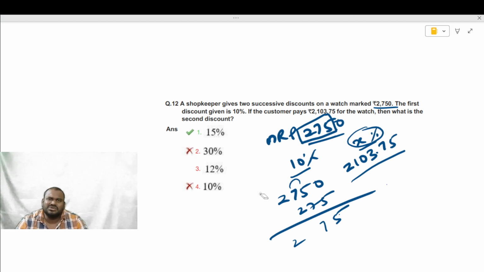Guys, you don't need to do it this way. You can do it another way also. 2750 is there, right? Just remove 250, it will become 2500. Then remove 25 extra, it will become 2475.